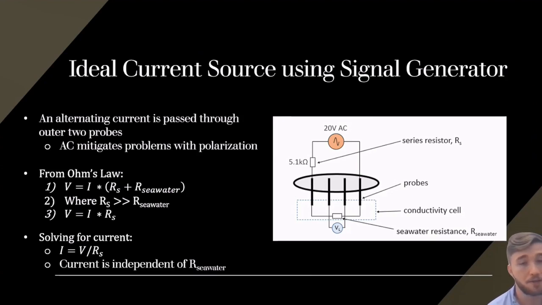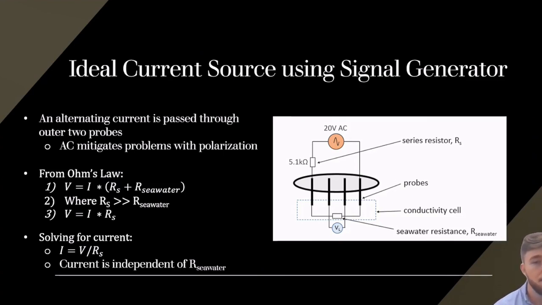Now, water, especially as the conductivity or the dissolved salts concentration gets higher, you'll notice that the resistance of seawater, which is indicated in the conductivity cell in the figure, is much, much smaller than that of the series resistor that has been added in this diagram.